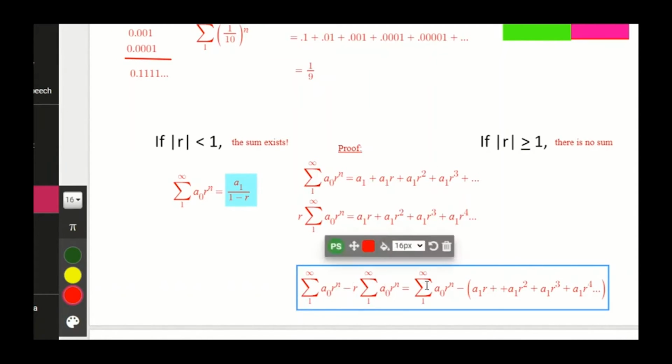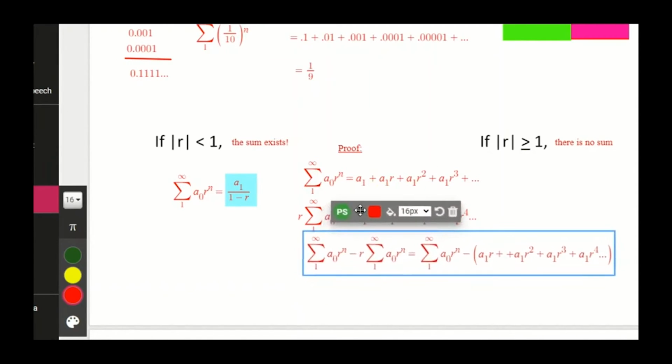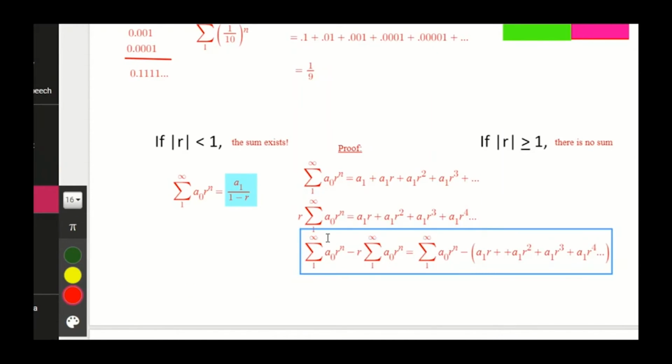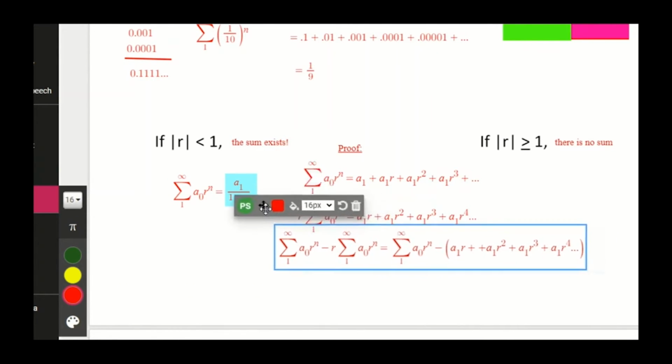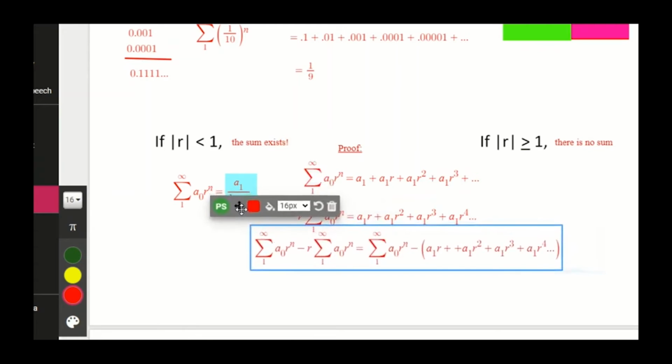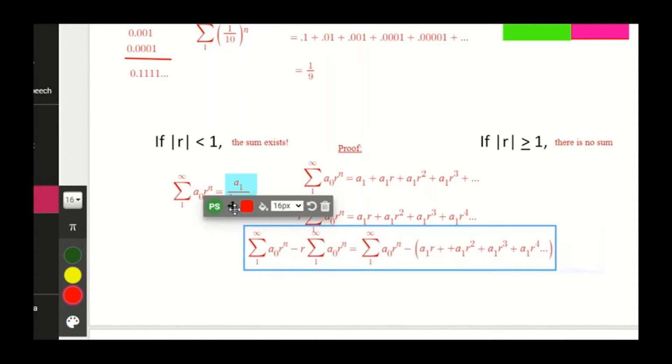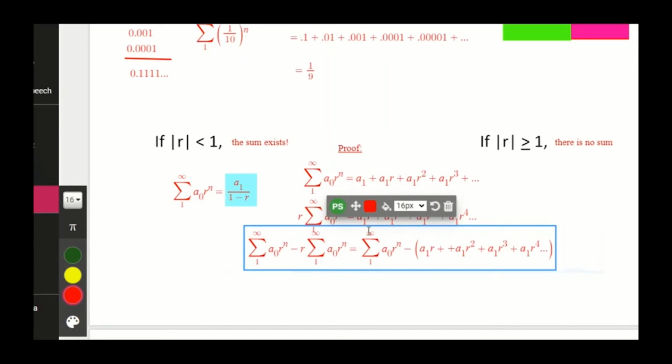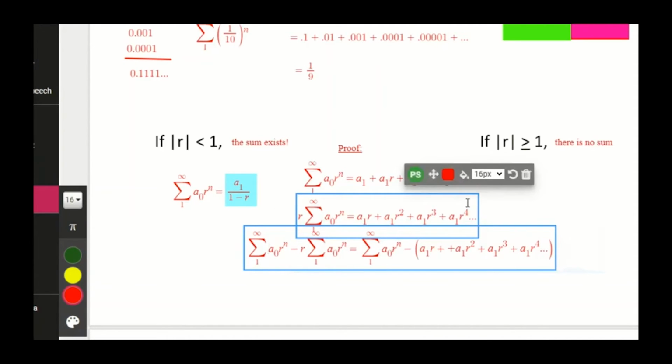I'm just going to drag this up to give me a little bit more space here. Do y'all see what I did there? I subtracted both sides of the equation from the original sum. This original sum is a sub 1 plus a sub 1 r, and so on. Basically, I'm taking this entire first statement and then subtracting the second statement.